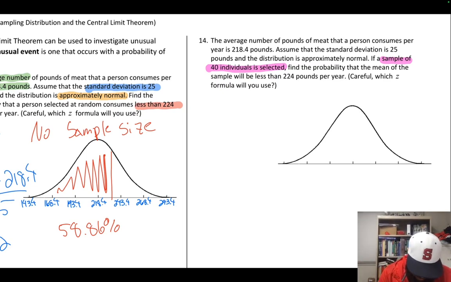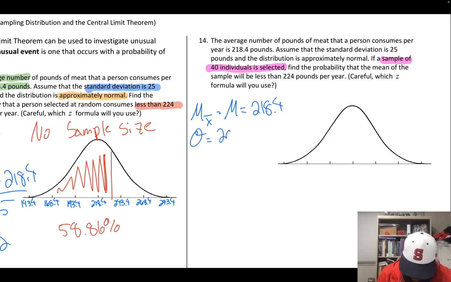And so the mean of our sample ends up being equal to our mean, which is 218.4. We have our standard deviation, which is 25. We have an N, our sample size, of 40. And then we have our standard deviation adjusted for sample size.